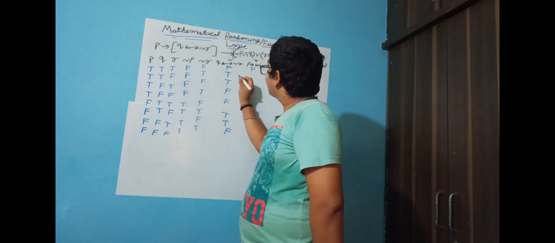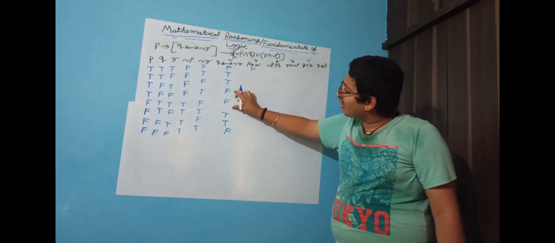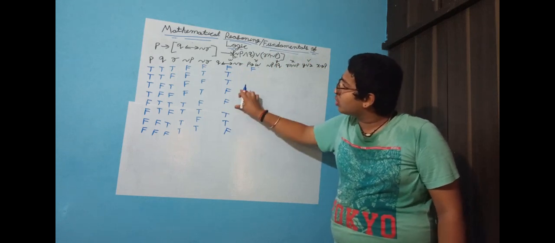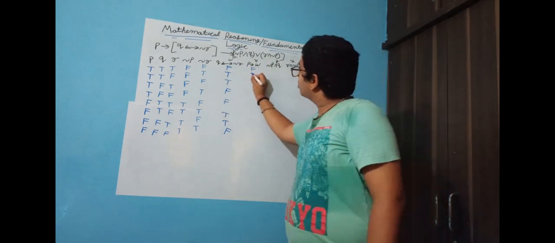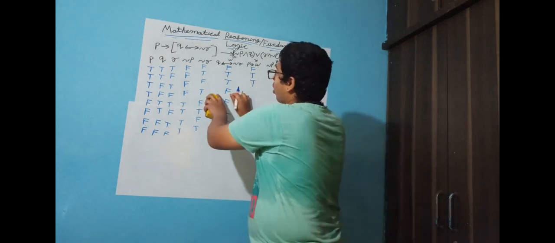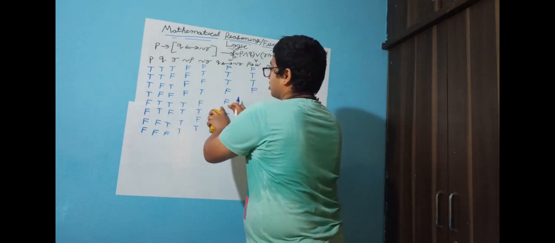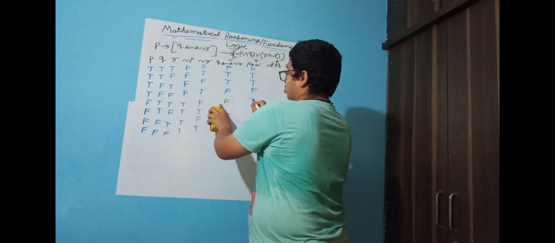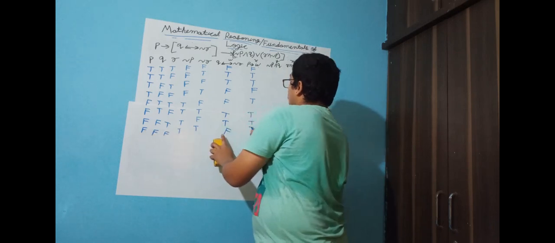False means, for simple understanding, whenever second statement is false, then only you observe first statement. Otherwise, you can take simply true. True. Yeah, here false. So what is P? True. True implies false. False. False implies false. True. Here also true. True. False implies false. True.